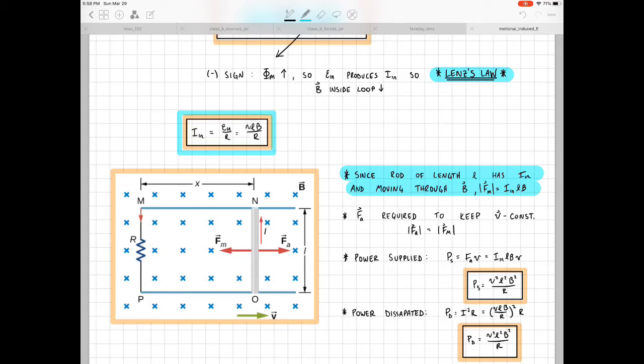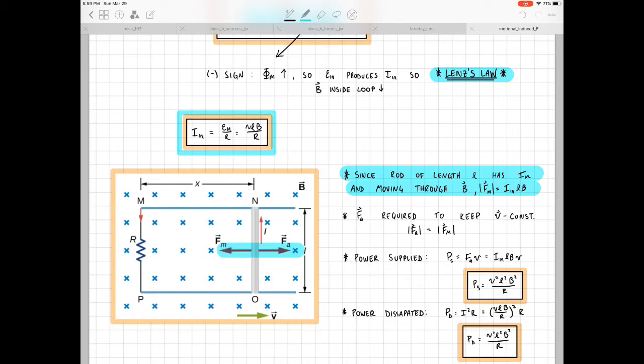Here we've got a rod of length L, and the induced current moving through the rod, well, that rod is in a B field, and so there's a magnetic force to the left on that rod. If the rod is going to continue to move at a constant speed, there needs to be some applied force, some pulling force, that maintains that speed as constant. So the magnetic force and that applied force have to be the same value.